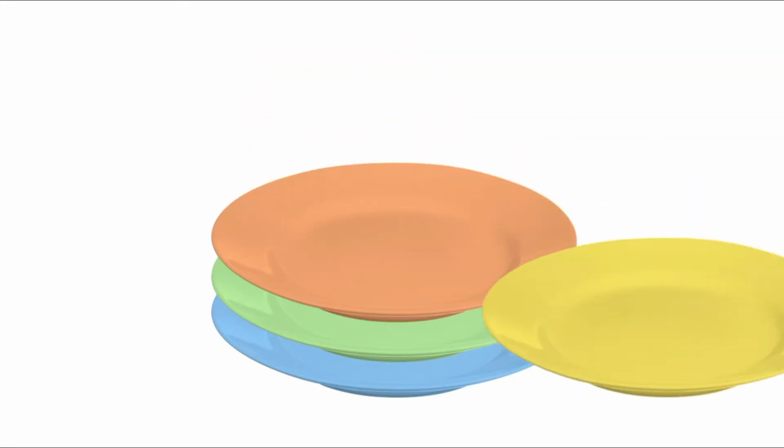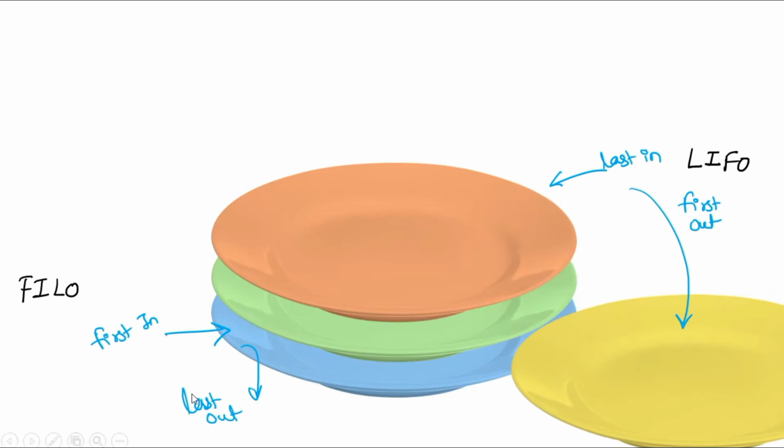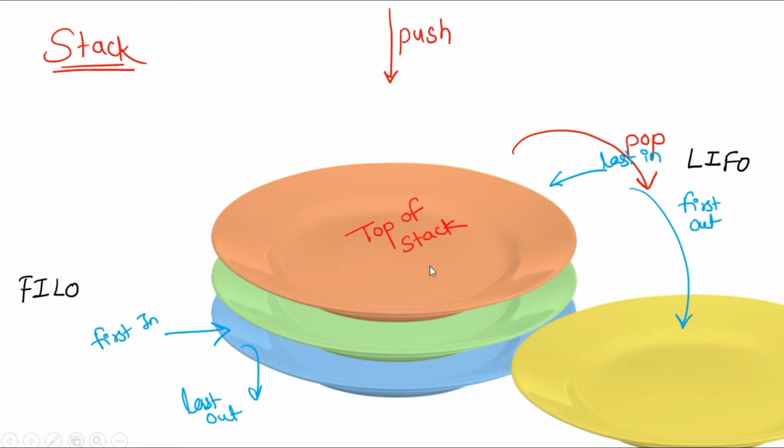And if you want to remove one, we always take out the topmost plate. So this kind of phenomenon is used in the terms of a stack. This is called a stack, a data structure where you always insert new data on the top of the stack, and whenever you want to delete any data, that will be deleted from the top of the stack. The insertion operation is called a push and deletion is called a pop.